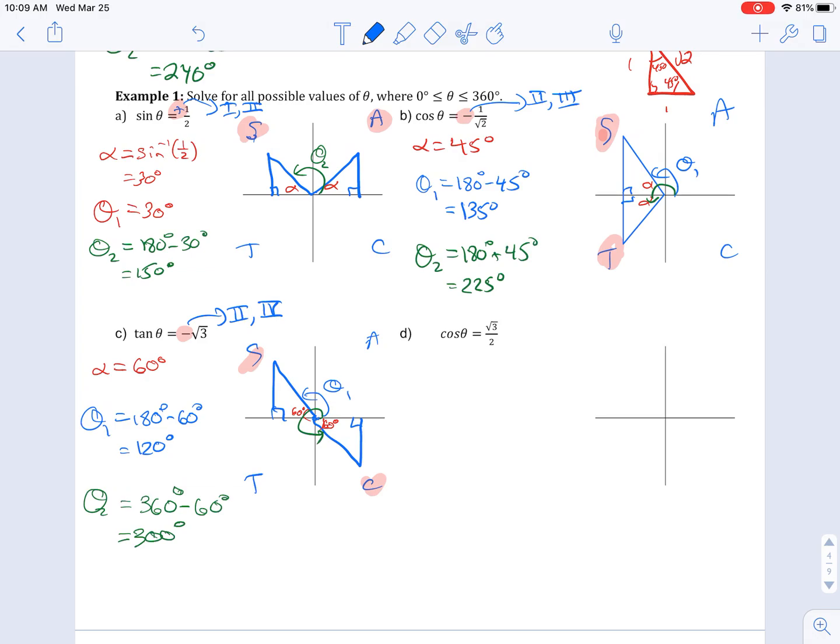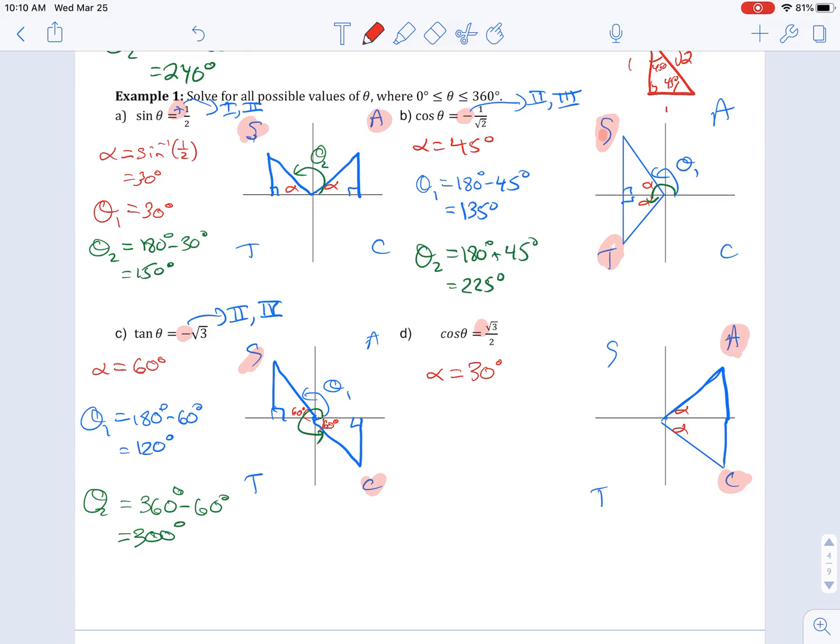So again, this one, similar to what we had before, only now it's positive for cosine. Positive here, so that means we're in these two quadrants. So I'm not going to write out which quadrants. And it's root 3 over 2. That means that if I draw this, so alpha, in this case, alpha is going to be 30.